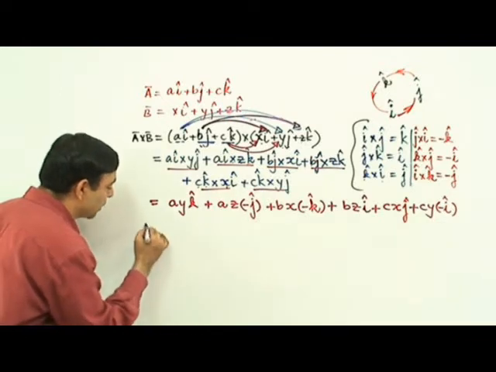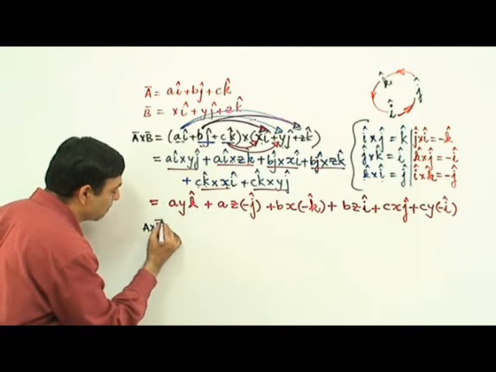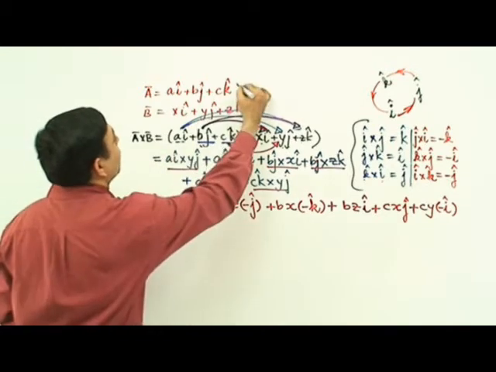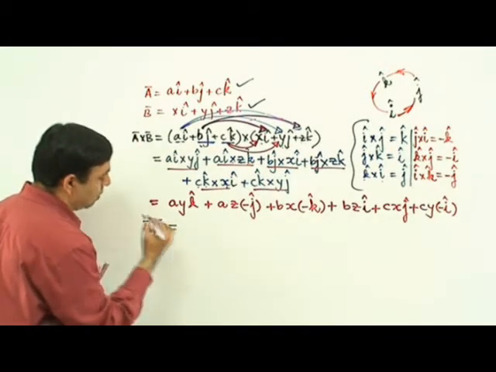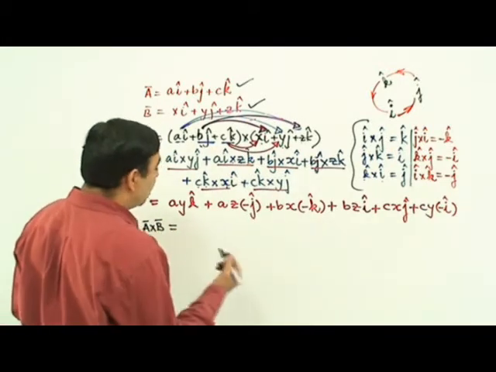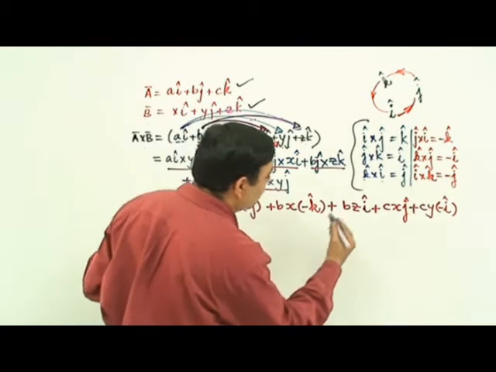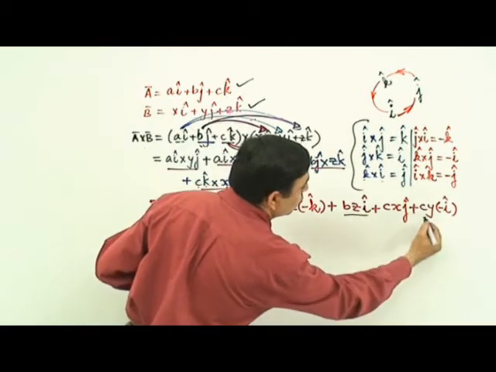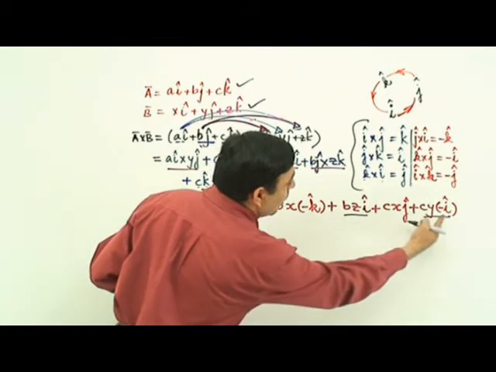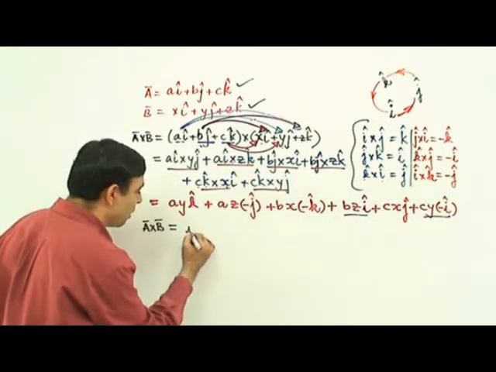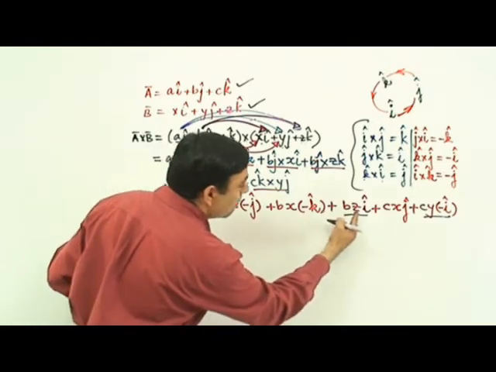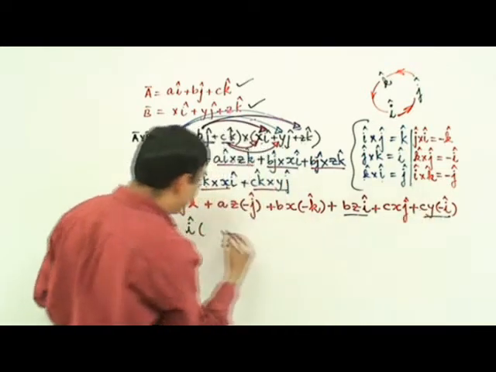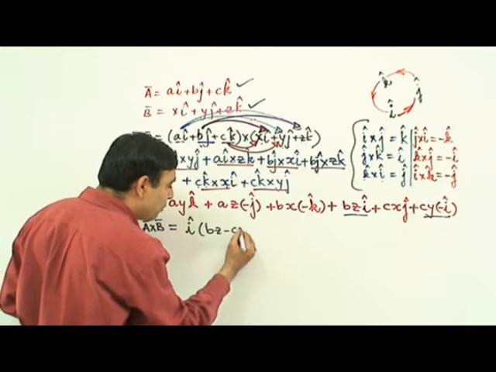This is basically nothing but a cross b, where a is this particular vector and b is this particular vector. A cross b is finally, let's write first the i term, then the j term, then the k term. Taking i common, within the bracket you have bz minus cy.